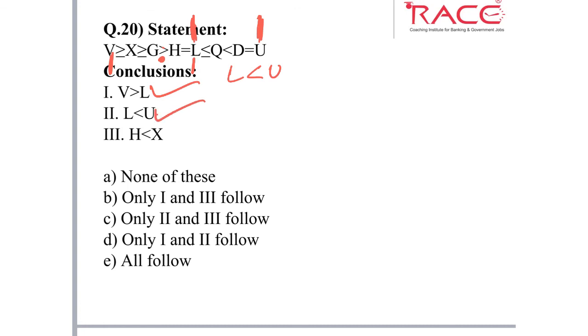Third, H and X. Here we have H, here we have X. As we have the highest priority between G and H, X is greater than H. Here it is given H less than X, which is the same. So this also follows. So what is my answer?